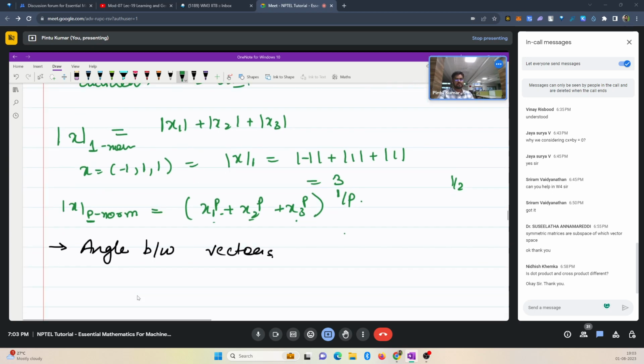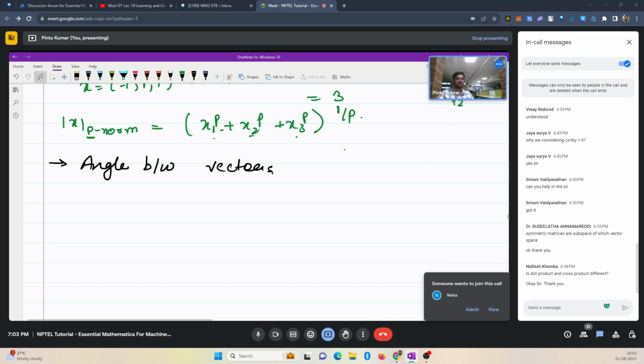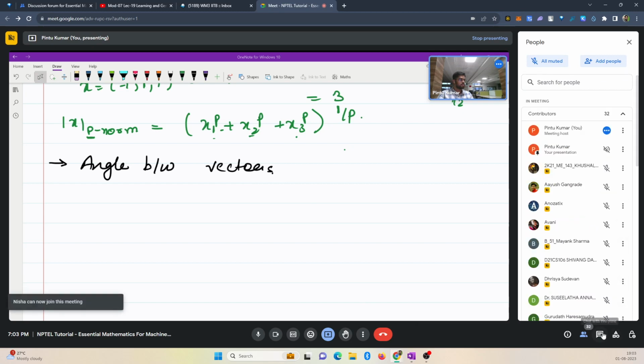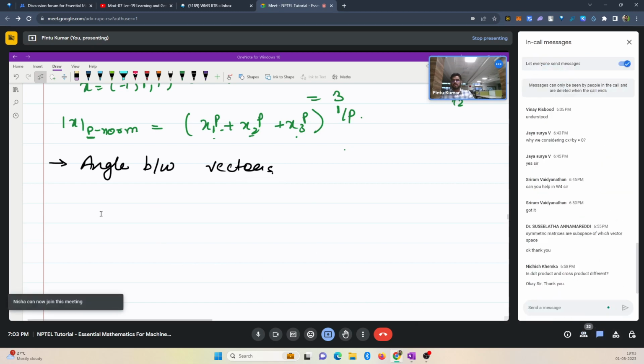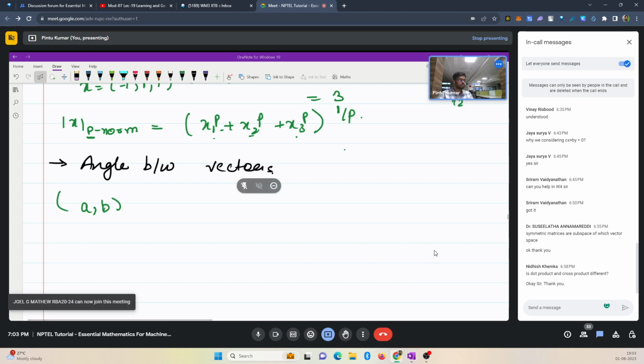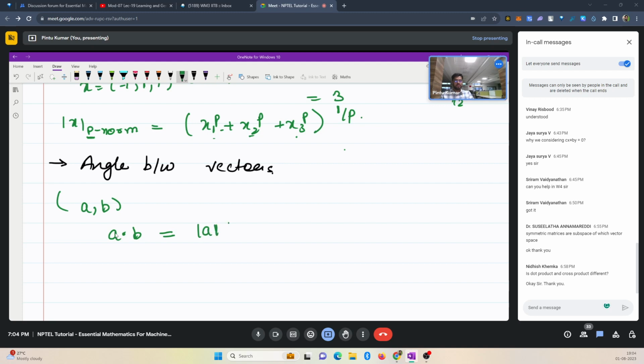Now the next thing is the angle between vectors. Let's say you have two vectors a comma b, and you want to find the angle between them. Then the dot product of a and b is equal to mod of a, which means length of a, times mod b times cos theta.